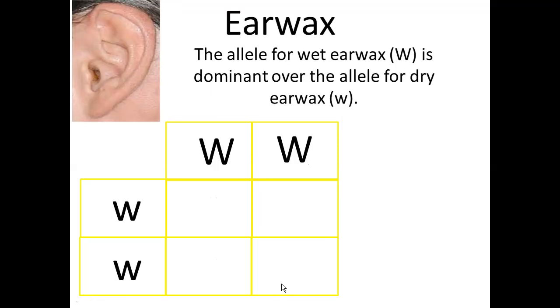Okay. And another example could be earwax, that can be wet or dry. The wet one is linked with a dominant allele. The dry one instead is linked with a recessive allele.